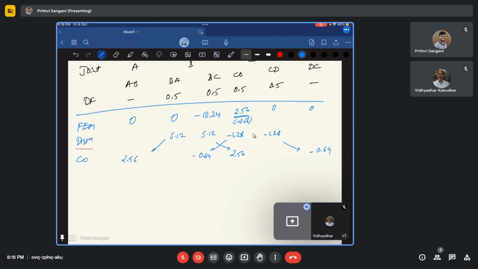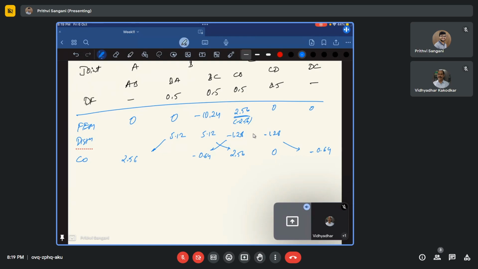Now it is done. Once it is carried over, what is my net moment again? My net moment is 2.56 plus 0. In CD we don't have any moment. So it is again 2.56. So I'll apply a negative moment of minus 2.56 at joint C. Because of applying minus 2.56 at joint C, it will distribute half moment in CB and half moment in CD.